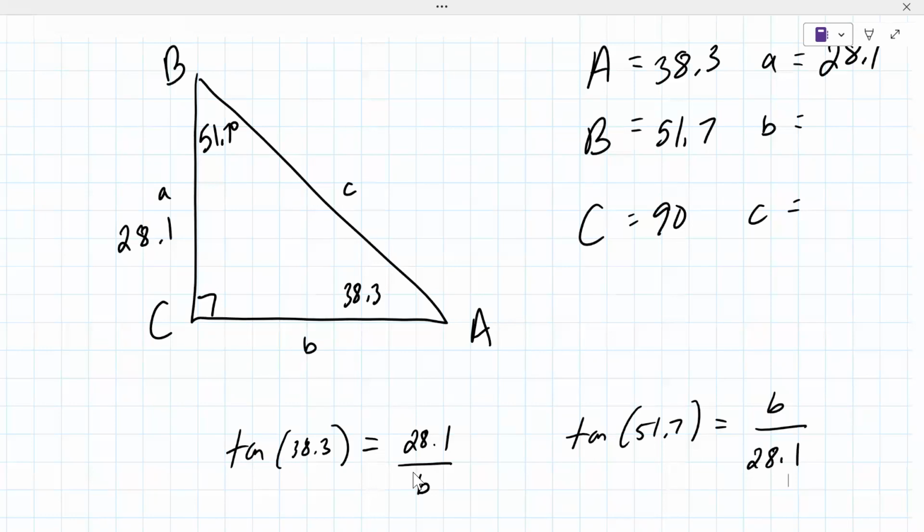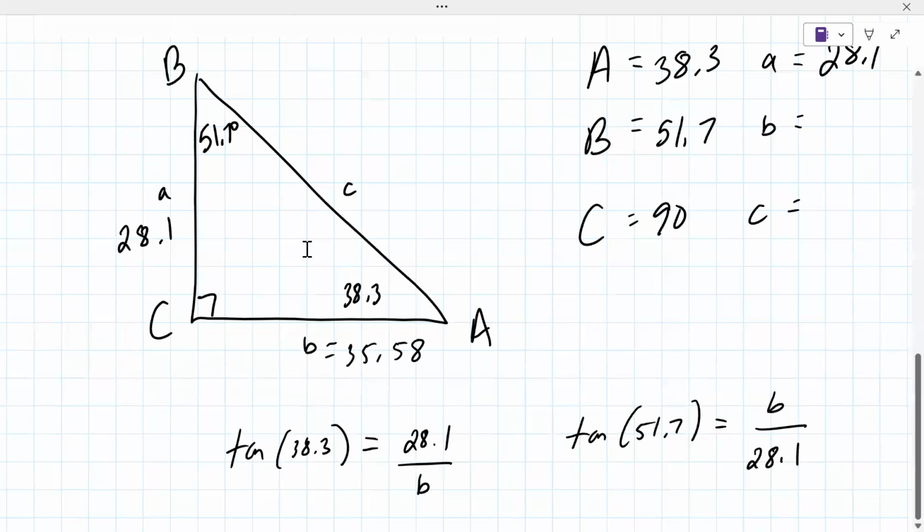35.58. Yes, that sounds right. So once you get B, you said 35.58. Okay.